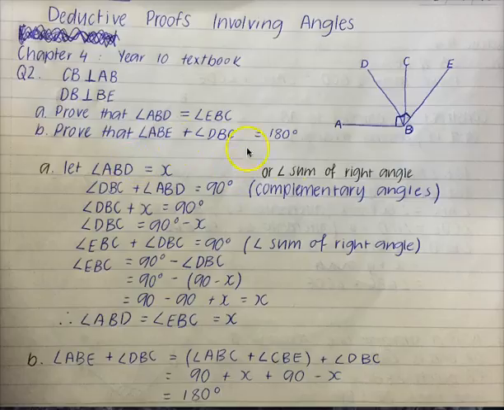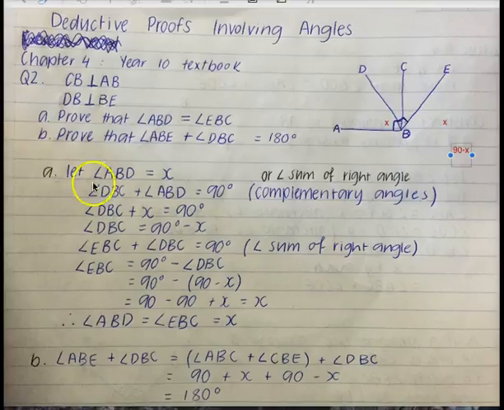So what we do, because we have to prove that angle ABD equals angle EBC, it's best to let angle ABD equal X. So you need to write an X here in this diagram. I'll just fix that up now. And we've let angle ABD equal X, and I've put a little X there in red.